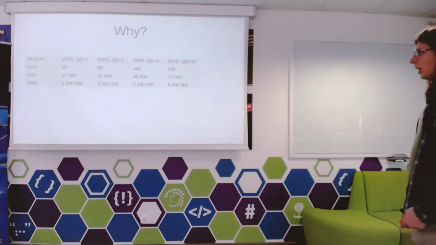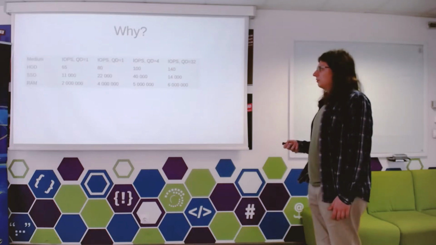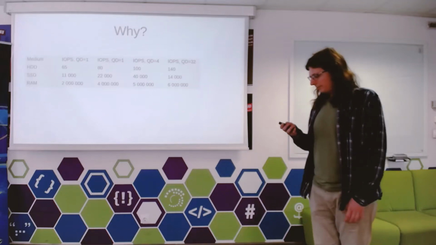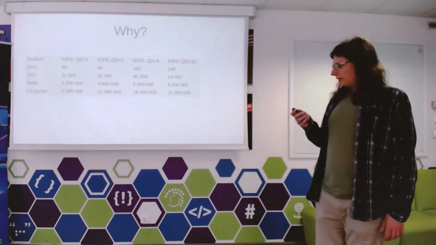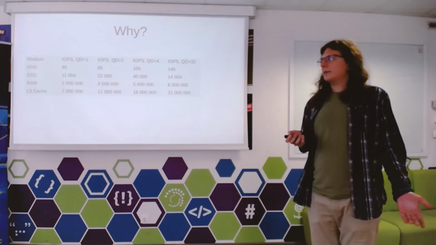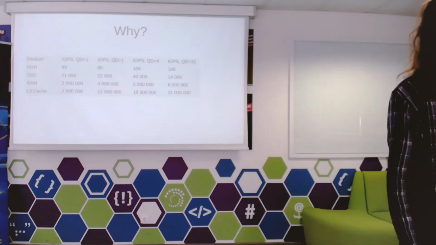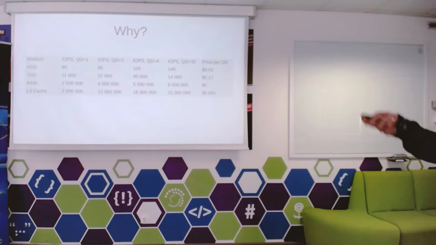Now, given these numbers, why the hell would we ever want to use any of these two? Because they are slower in every possible way. In fact, even RAM isn't the fastest thing. The L3 cache of your CPU is even faster. So there's no reason to use RAM either, you should just use that. Well, there's one obvious reason, and that is cost.